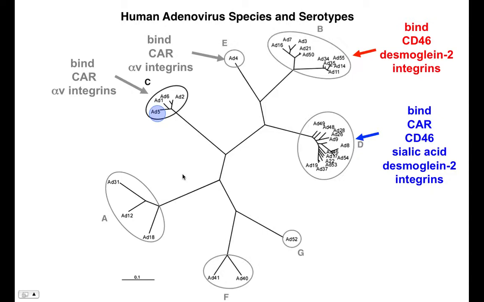Desmogleins are neither. They're in desmosomes, but integrins are one of the two camps. But they're basically cell adhesion molecules, so how cells stick together without separating. And this virus appears to target those.